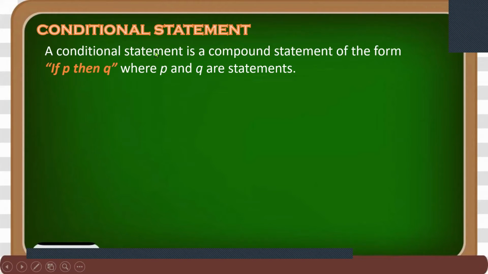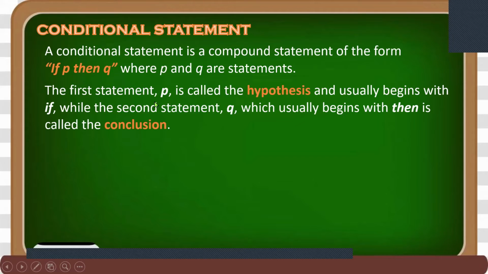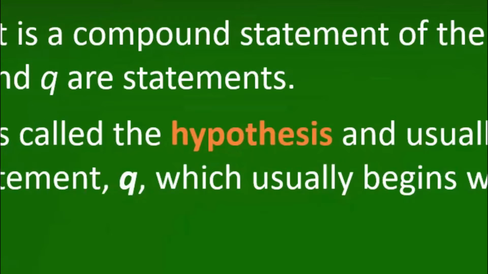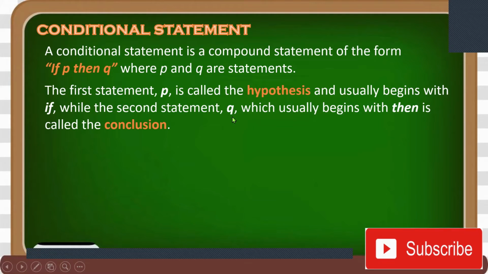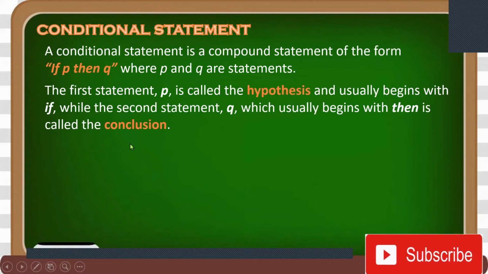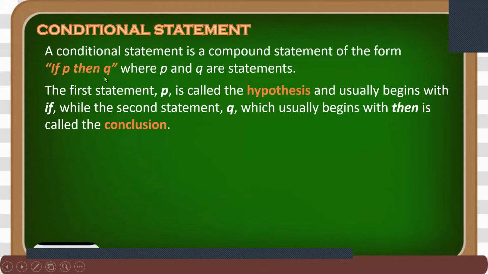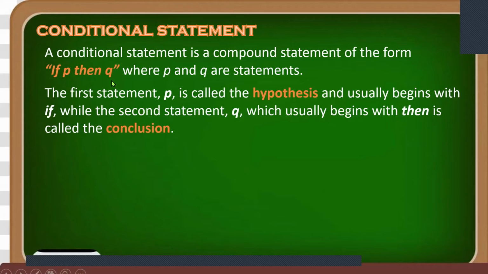Therefore, they are called conditional statements. The first statement, P, is called the hypothesis. Ito po siya. And usually begins with if. While the second statement is Q, which usually begins with then, is called the conclusion. Ito po naman siya. Then Q.